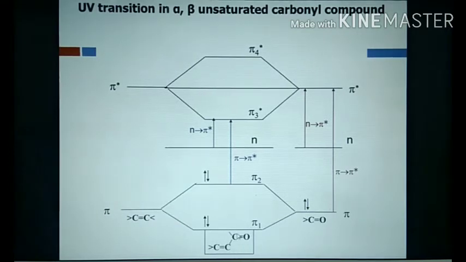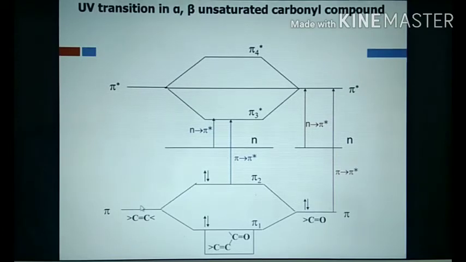So pi 1 and pi 2, because it accommodates one electron from this carbonyl and other one from this ethylene. What you can have here is a pair of electron, pi 1 bonding molecular orbital, one of the electron from ethylene and second one from carbonyl. So what you can have, pi 2 bonding molecular orbital.